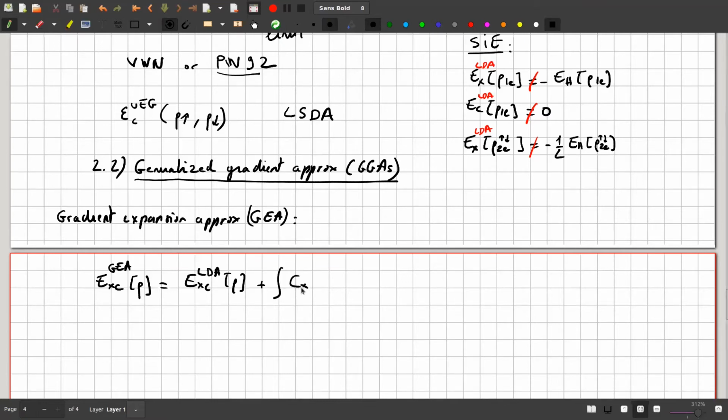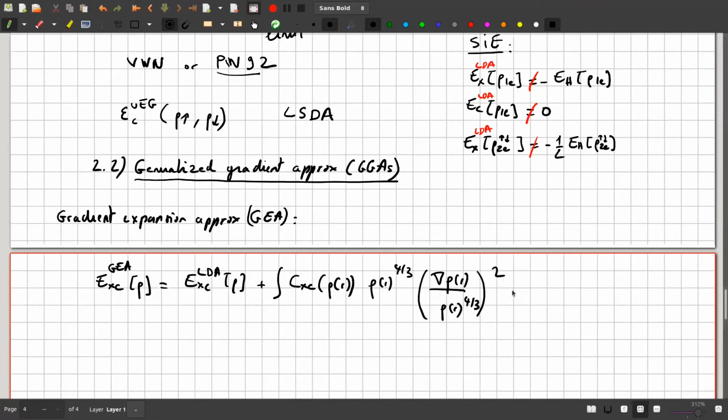And the next term will be in the following form. You will have a function that I'll call C_XC, depending on the density, and then you have the density to the power 4/3, and then a term which is the gradient of the density divided by rho to the 4/3, squared, dr. Okay, you can continue this expansion.